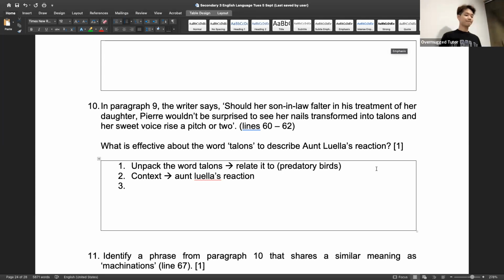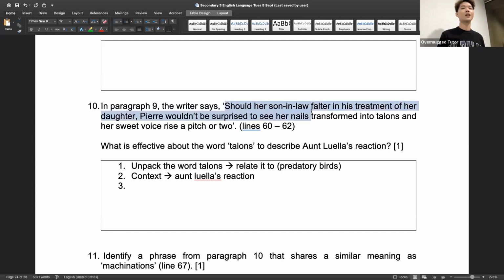Okay, let's try. We must look at what she's saying.